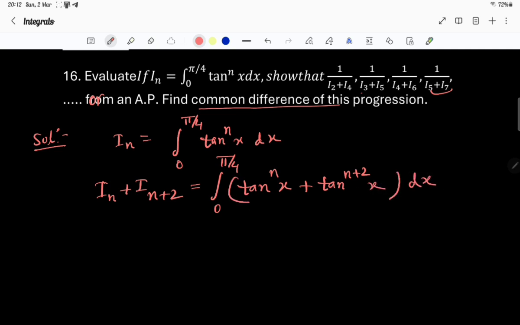Now you will take common. What will you take common? Tan to the power n plus 2 is tan to the power n into tan square, so I take tan to the power n common. It becomes 1 plus tan square x dx.